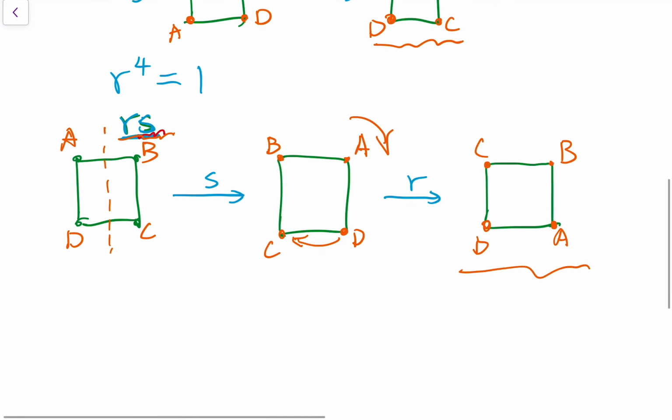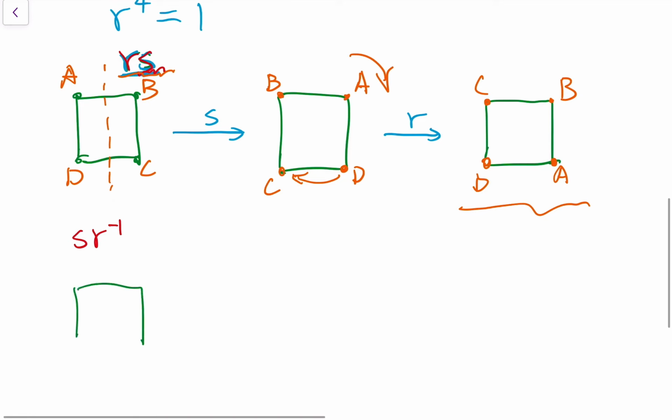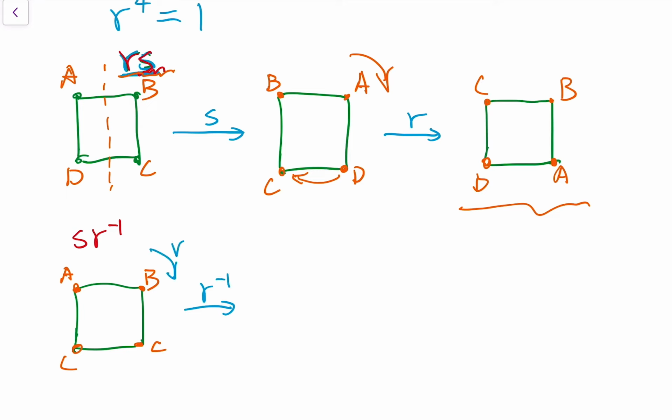This is RS, and how about SR inverse? That is, we apply the inverse of R first, because R is rotate clockwise, so the inverse of R should be the rotation counterclockwise.